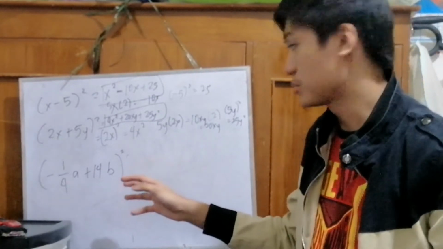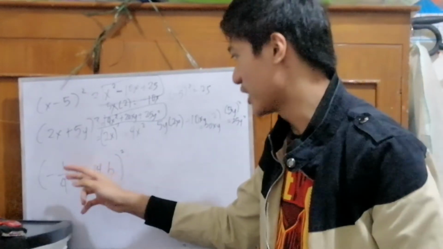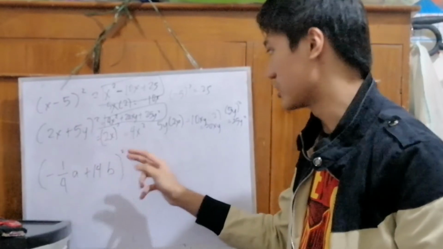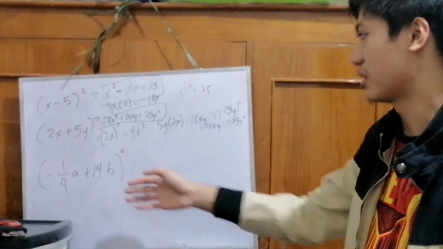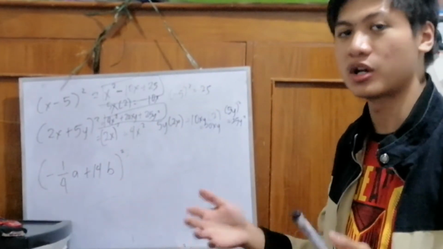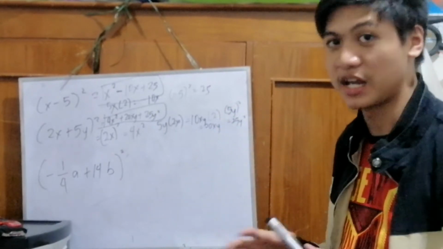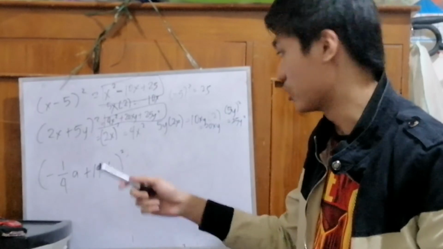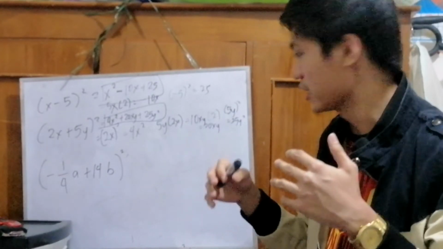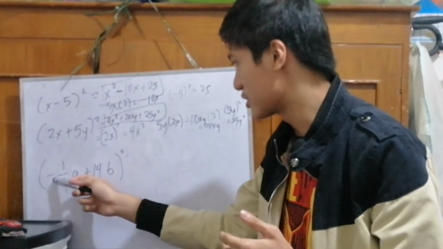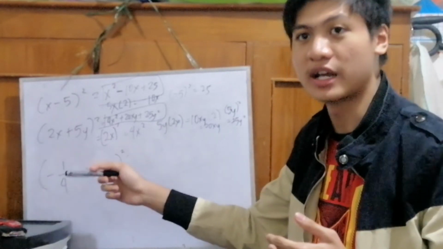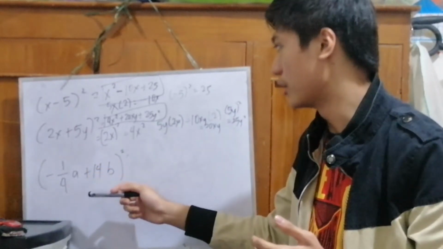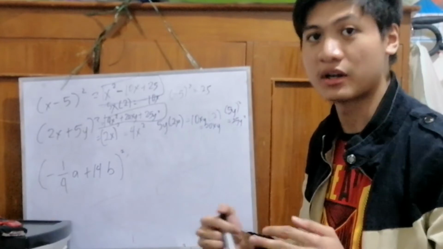Now, for the last problem, we have here the quantity of negative 1/4a plus 14b squared. Now we have here a fraction. Perhaps any problem regarding the square of binomial can be anything. They can either have many variables, and those variables can either have higher exponents, and the others can be having a negative sign, or a fraction without a negative sign.